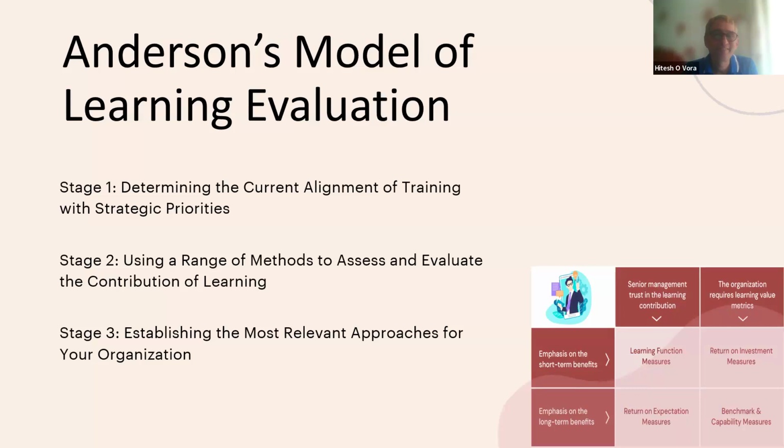I think I just had one question related to the second stage. Now, assessing and evaluating the contribution of training happens before the training intervention, correct? Yes, it is before, so that you choose which one to go with. Once you determine the current alignment of training with priorities, you will use a range of methods to check which one would suit best.